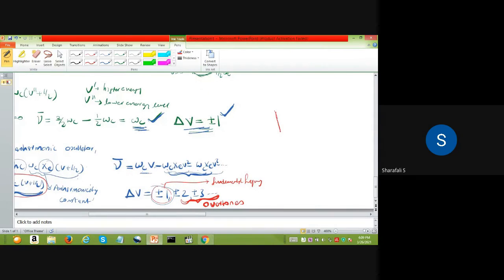While you are going from the lower state to the higher energy levels, here you have the v equal to 0 state, then the v equal to 1 state, then the v equal to 2 state, then the v equal to 3 state, and when you go above, your energy level difference is going to get reduced. That will be like this.